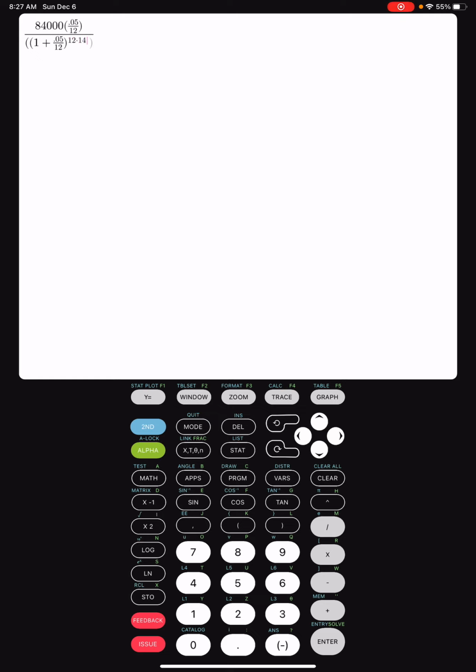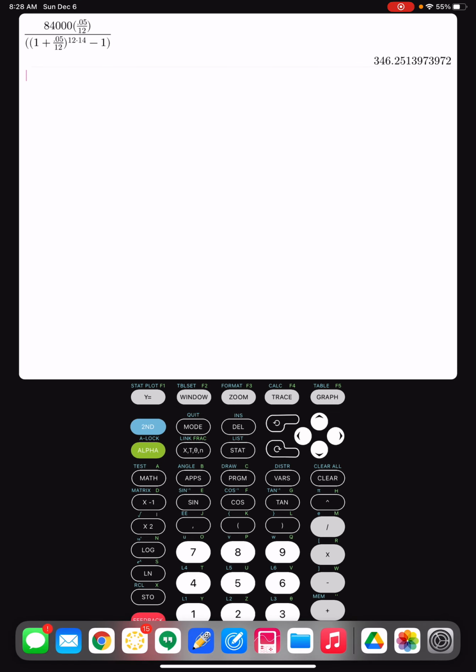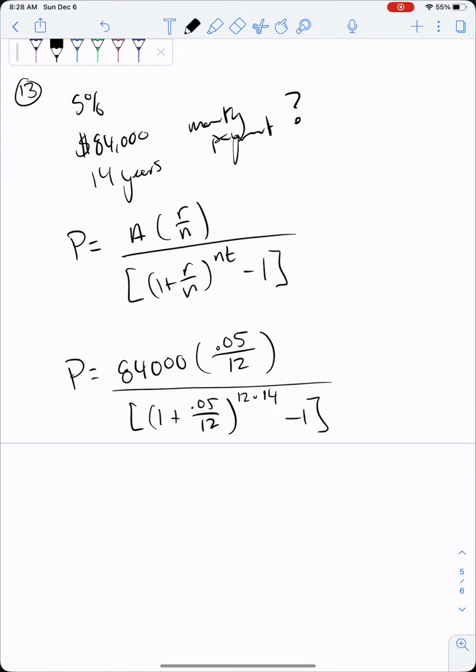Again, all of that needs to stay up in the exponent, the N and the T, minus 1, close parenthesis. When I hit enter, I get 346.251. So if I round that to the nearest penny, then that's going to equal $346.25.